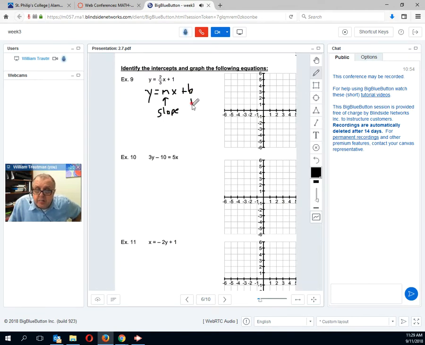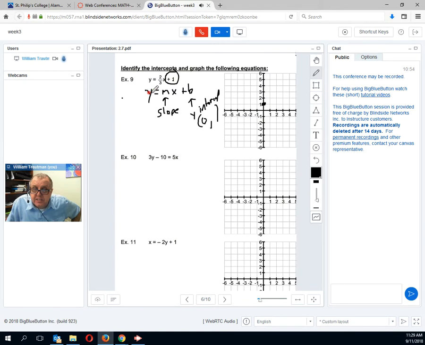And this b, the number by itself, that's the y-intercept. So the question is, identify the intercepts. Well, the y-intercept is 1. There's the y-intercept where the graph crosses the y-axis at 1. If I want to write the coordinate for the y-intercept, don't forget that for the y-intercept, x always equals 0.